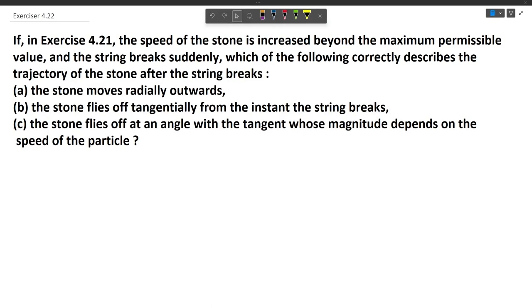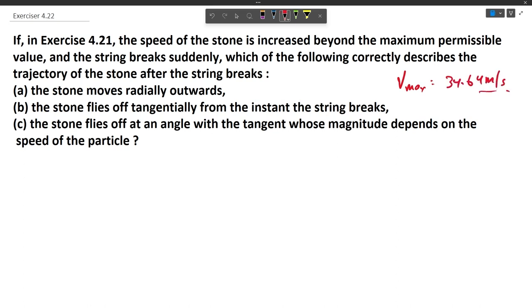The question says that if in exercise number 4.21 the speed of the stone is increased beyond the maximum permissible value and the string breaks suddenly, which of the following correctly describes the trajectory of the stone after the string breaks? In the past question we solved that the maximum velocity that can be achieved safely was 34.64 meter per second.